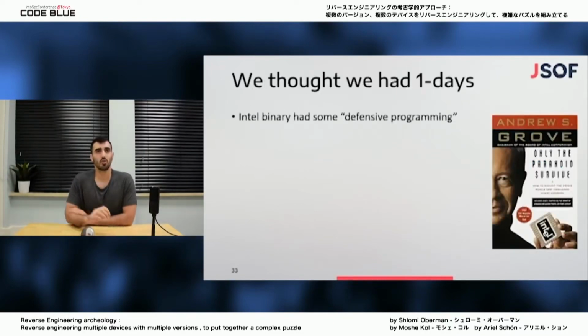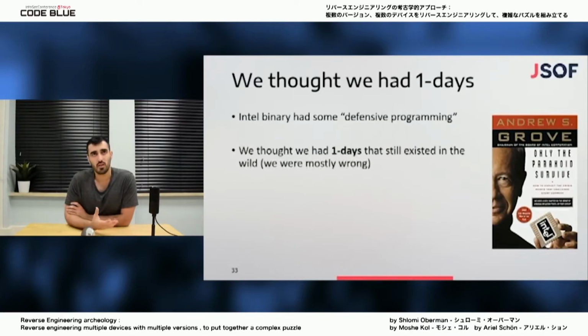And upon looking at the binary, we saw that Intel had some defensive programming, by which I mean that they check various length fields in the packet, something we did not see in the previous two binaries.